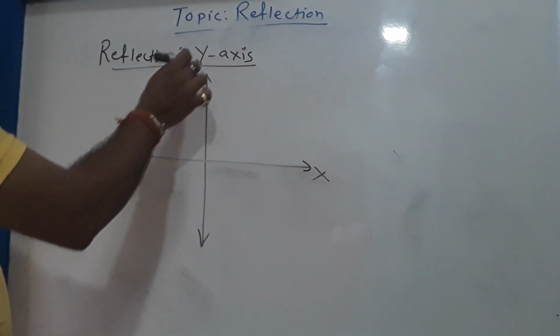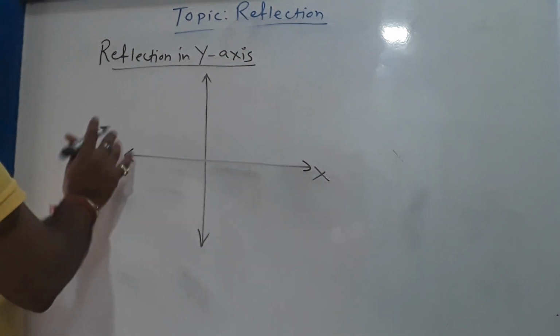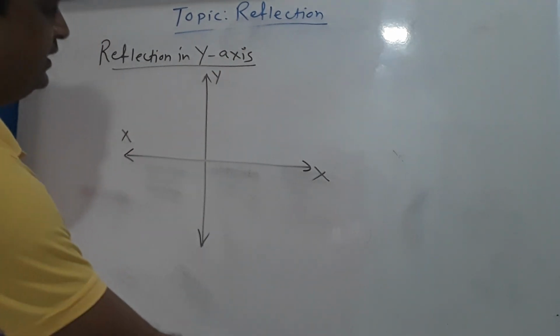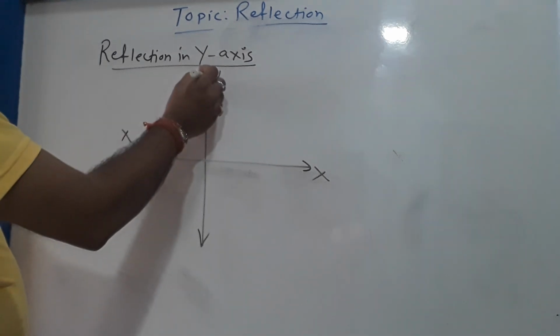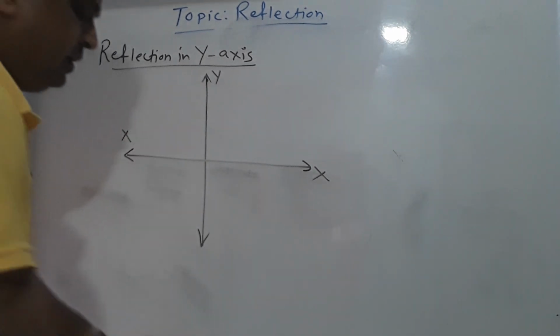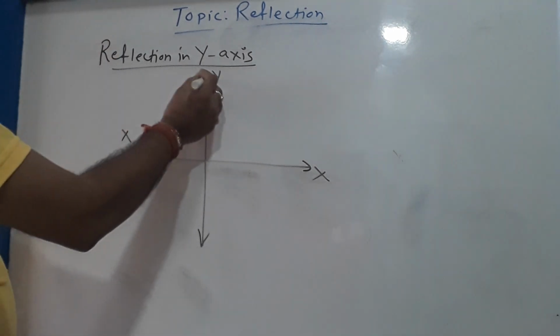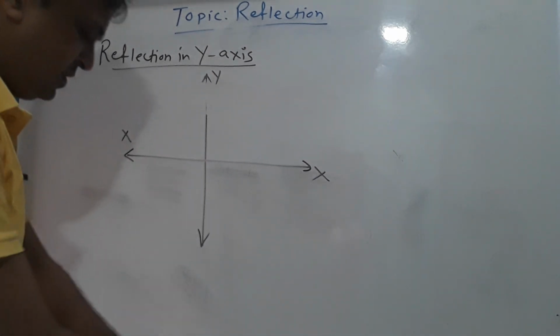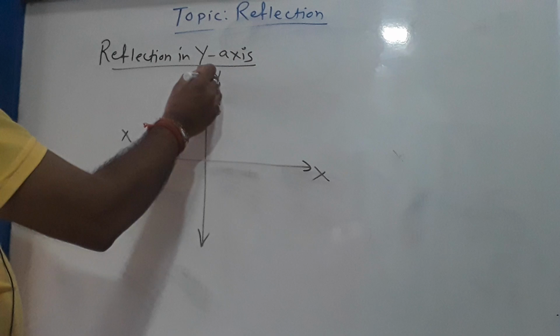So this is my y-axis. When we take reflection about y-axis, then y-axis will be your mirror. Y-axis will be fixed, and it will be the mirror line.